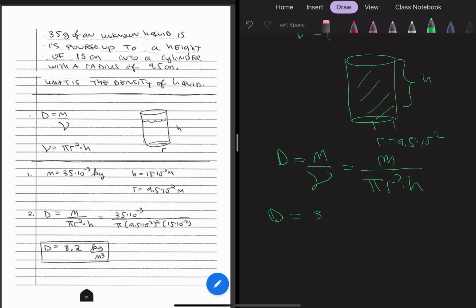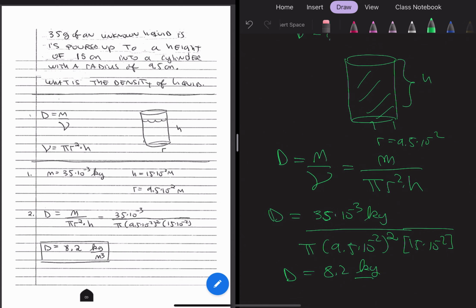It's going to be 35 times 10 to the minus 3 kilograms, divided by pi times the radius, which is 9.5 times 10 to the minus 2, squared, multiplied by the height, which is 15 times 10 to the minus 2. And that will give you a density of 8.2 kilograms per cubic meter.